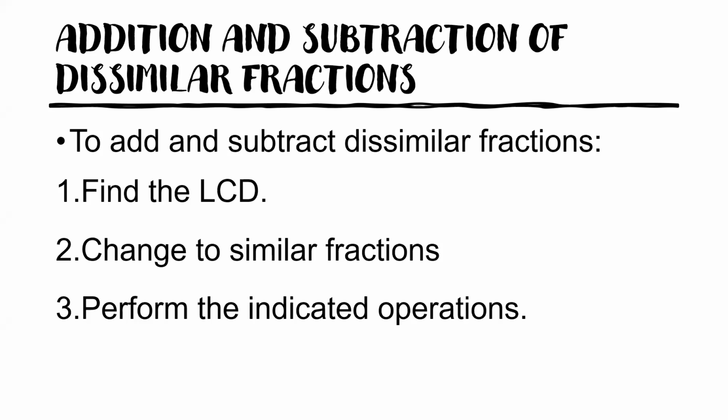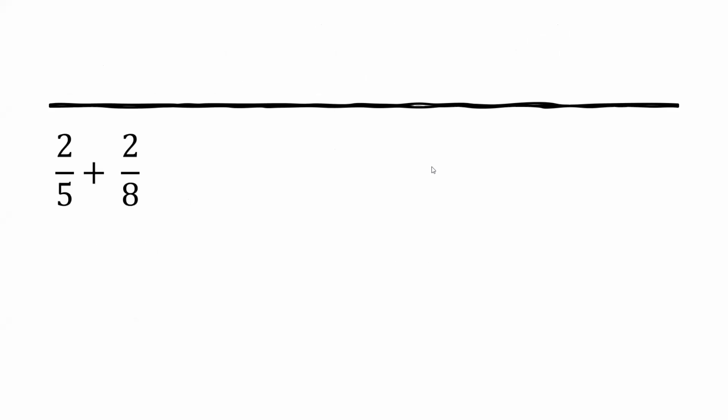Paano natin mahahanap o mapagpaparehas yung dissimilar fraction? Hahanapin natin yung tinatawag nating least common denominator. Paano natin mabilis makukuha yung least common denominator? Ituturo ko po sa inyo, ang gagamitin lang din natin ay yung continuous division.